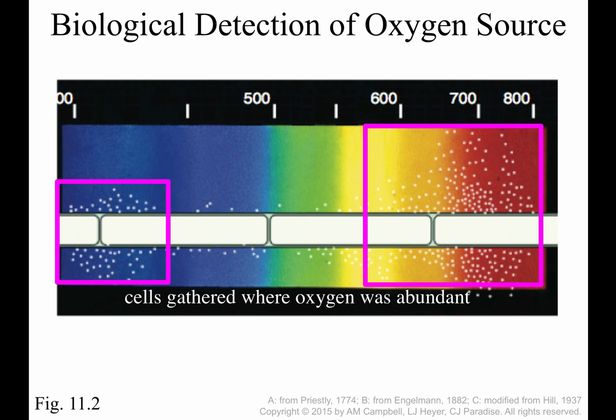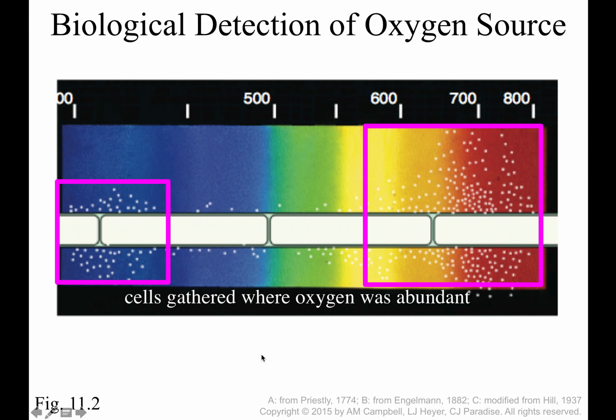If you shine different wavelengths of visible light, you all learned in some part of your schooling Roy G. Biv: red, orange, yellow, green, blue, indigo, violet over here.